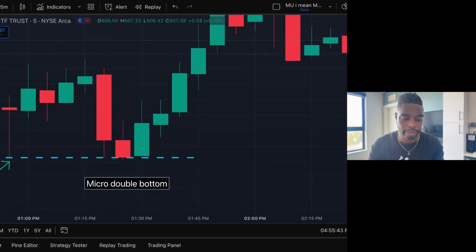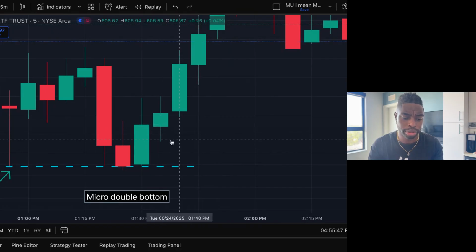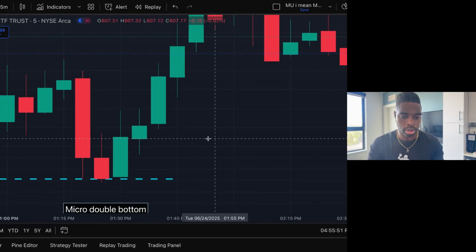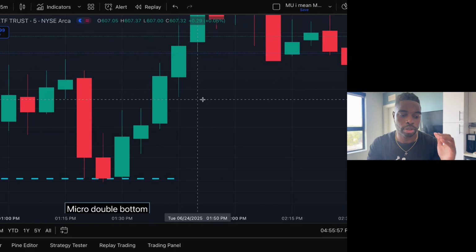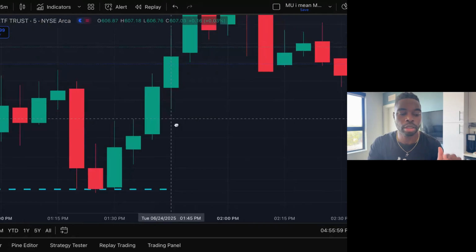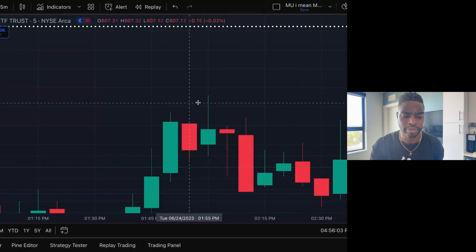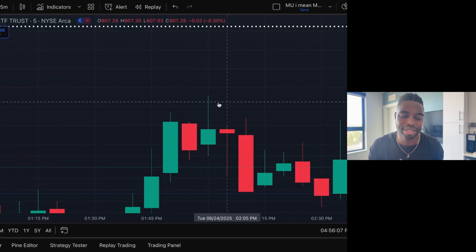So again, big green bars are a lot of buying pressure, and big red bars are a lot of selling pressure. And the closer a bar closes to its high, for a green bar specifically, the stronger the pressure. But if there's a big topside wick and a small green body, then it's not that strong.